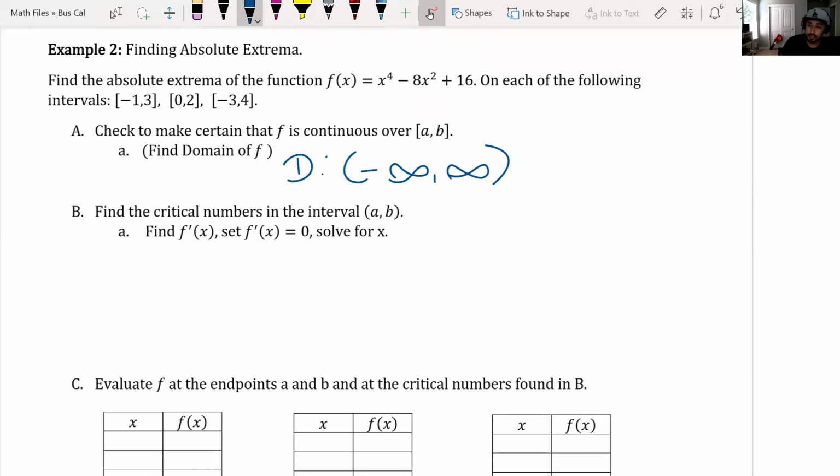And then B, find the critical numbers. Take the derivative, set it equal to 0, solve for x. That's it.